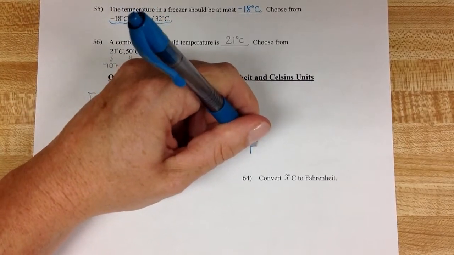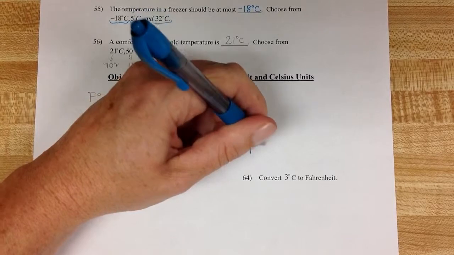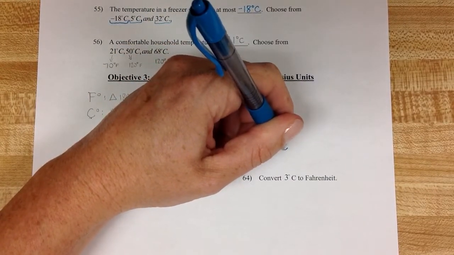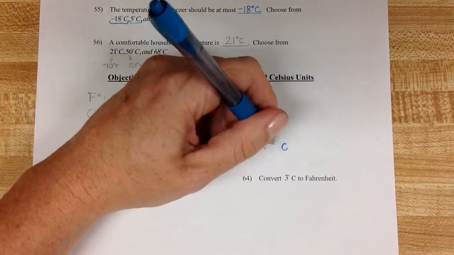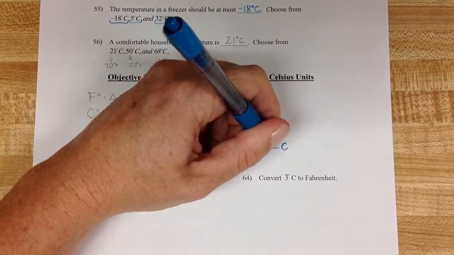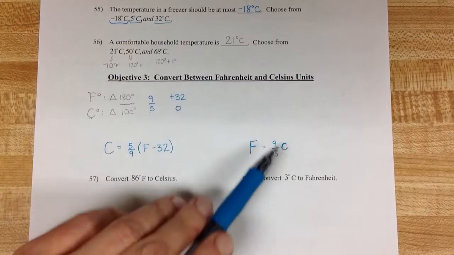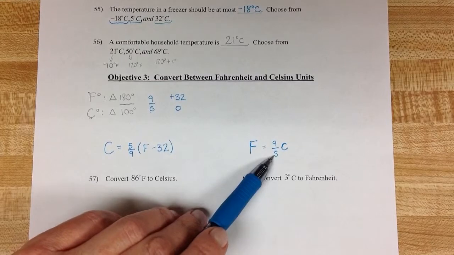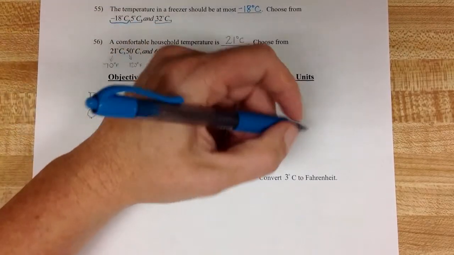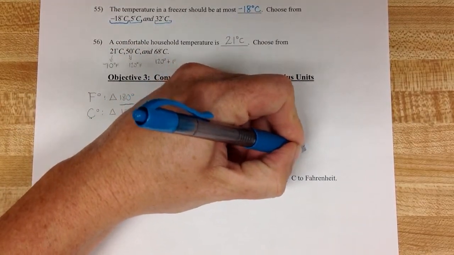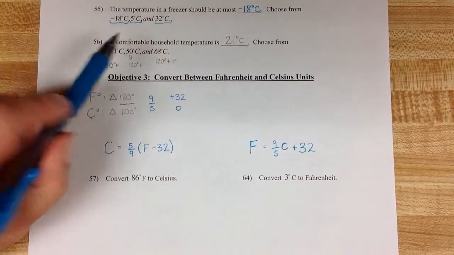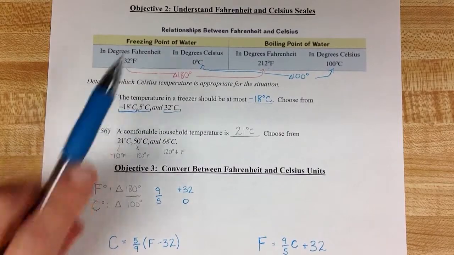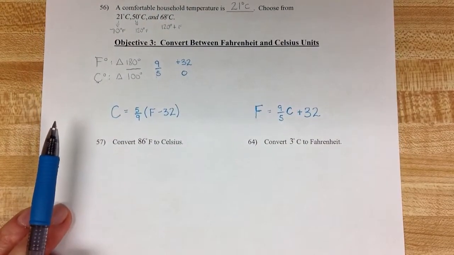If we're starting with Celsius and we want to convert to Fahrenheit, we're going to have to take that Celsius temperature and multiply it by the ratio 9/5 to get each of those degrees turned from Celsius degrees into Fahrenheit degrees. And then we also need to add 32 more degrees to account for this adjustment to the 32 degrees for freezing. So let's try two examples of that.